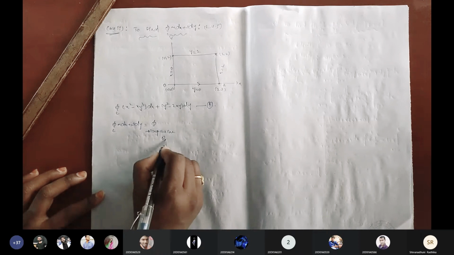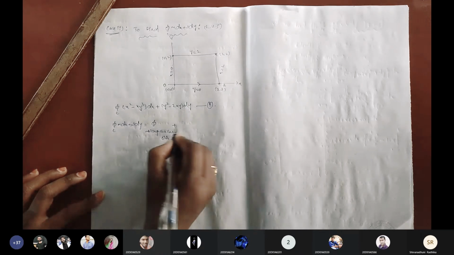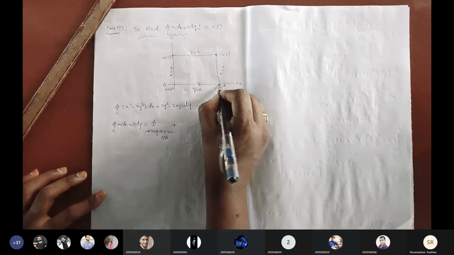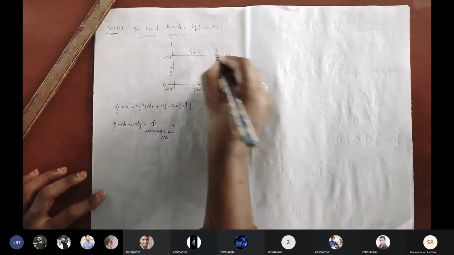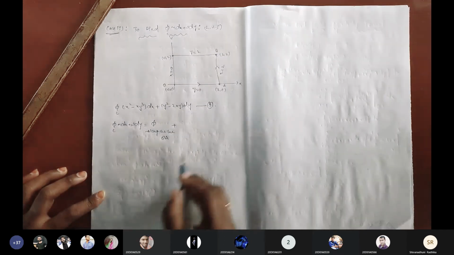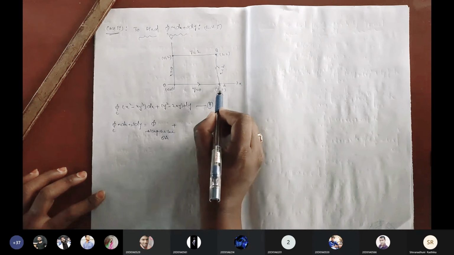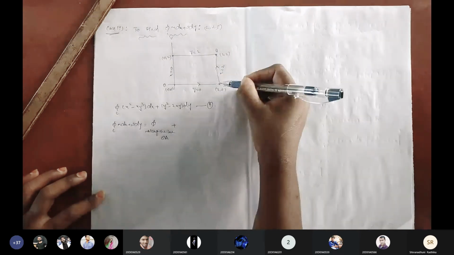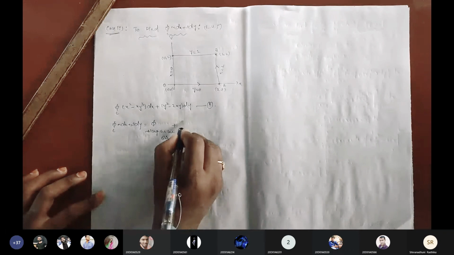Along the line OA, plus the same particle moving from A to B. This is the direction along the line AB.